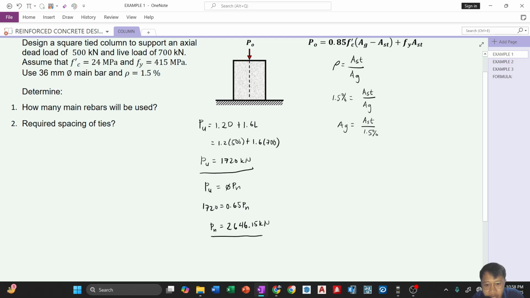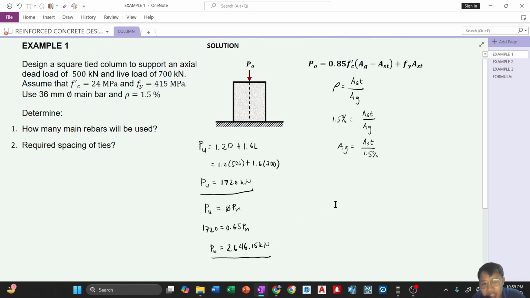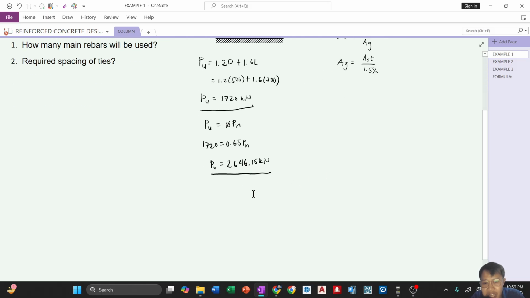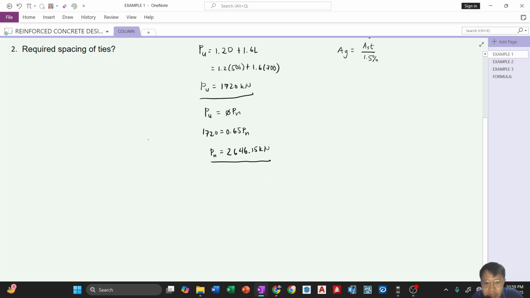Okay? And then, this is still not our P sub 0, but we're close. We also take note that Pn is actually equal to, for tied column, our multiplier or factor is 0.8 P sub 0. Okay, again, the nominal for tied column is 0.8 times the P sub 0.